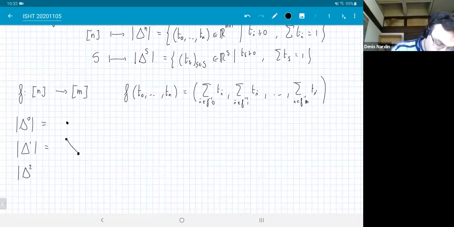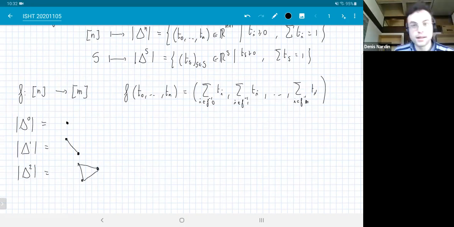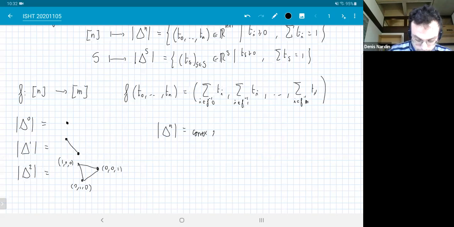You can take Delta^2, and well, I'm not very good at 3D drawings, but you have these guys here. This is the point (1, 0, 0), this is the point (0, 0, 1), this is (0, 1, 0). So in fact, practically this is just the convex envelope of the basis vectors.